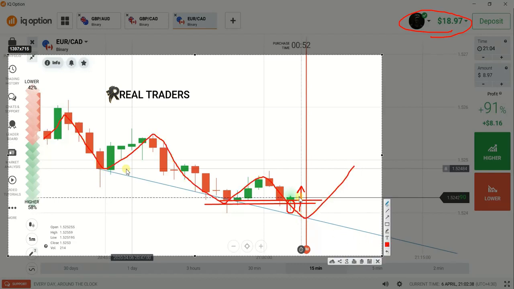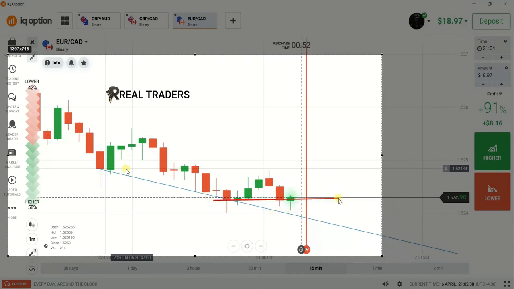So I placed a trend line here. You can see I didn't draw a horizontal line for this market. I drew a trend line because I know it is going down. You can see here the market never respects the previous level. It breaks the level.